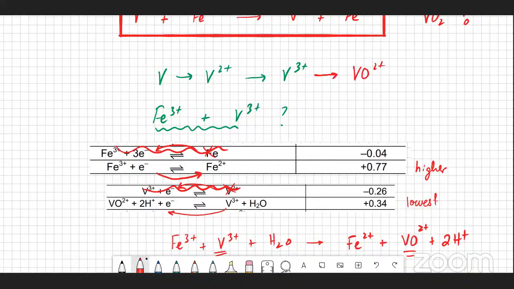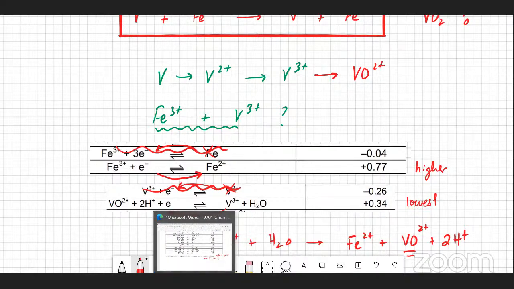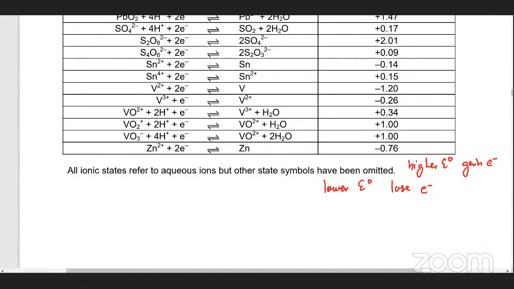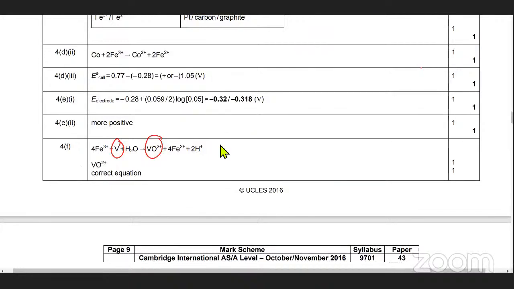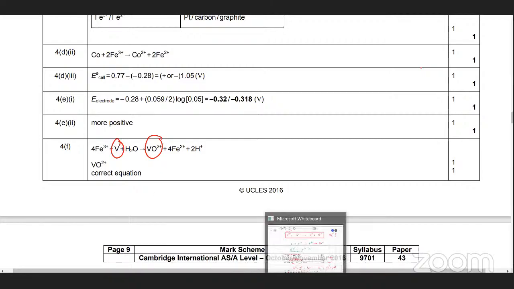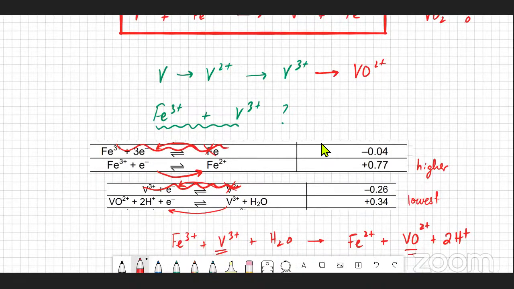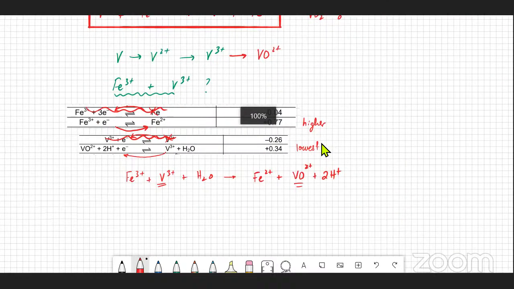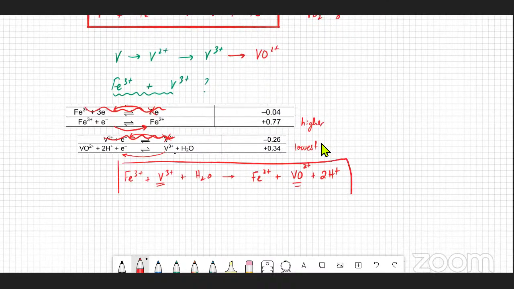In the marking scheme, the answer that was given was the one involving VO2+. And the question isn't finished yet. The question still continues. At the end of the day, you have three reactions.